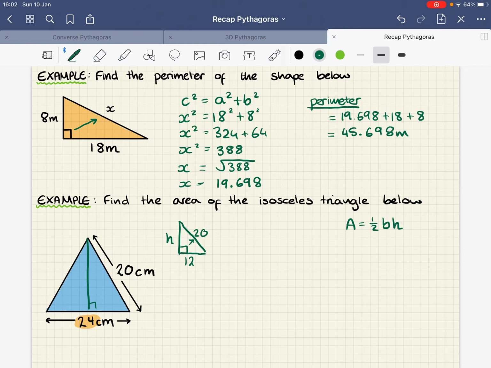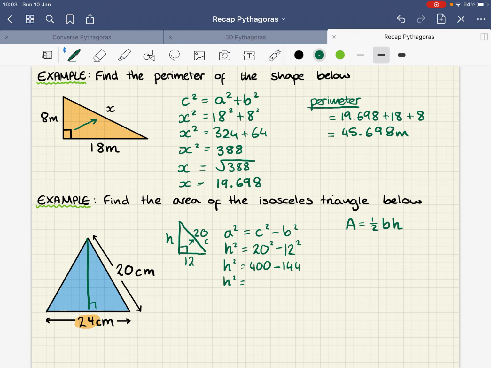So opposite my right angle, we know that's our hypotenuse. So that means we're going to be using the other formula. We're going to be using a squared equals c squared minus b squared. So that's going to be h squared equals 20 squared minus 12 squared. So h squared equals, not 200, what am I writing there? 400 minus 144.